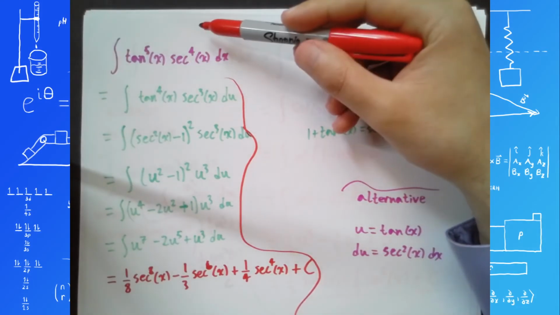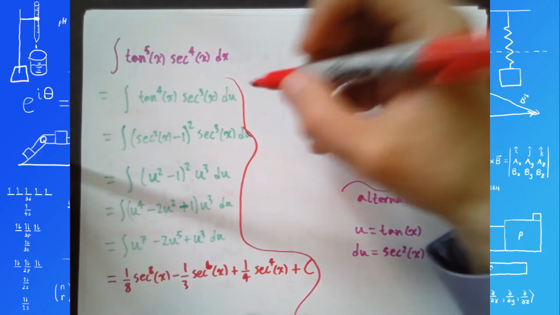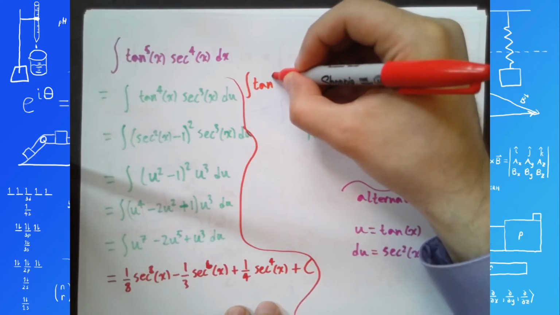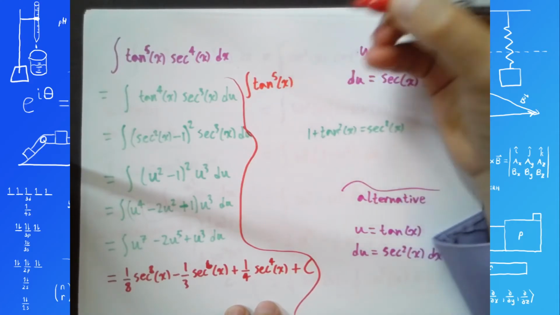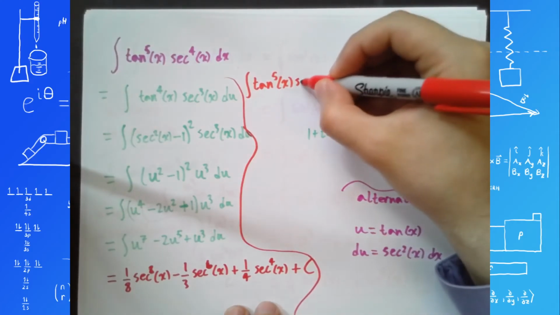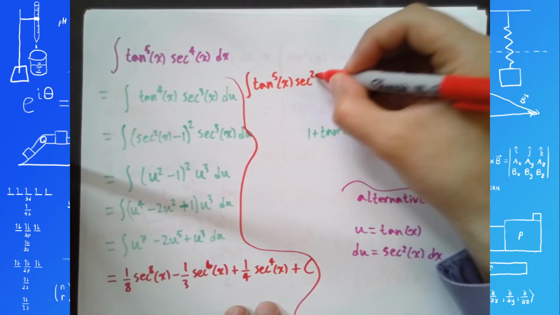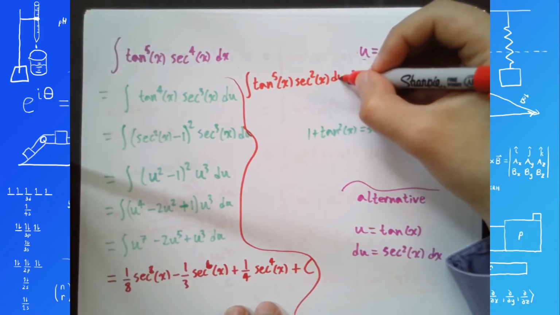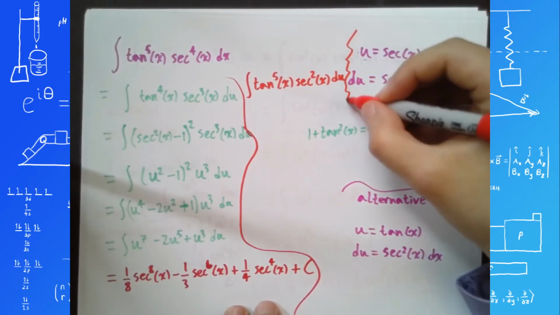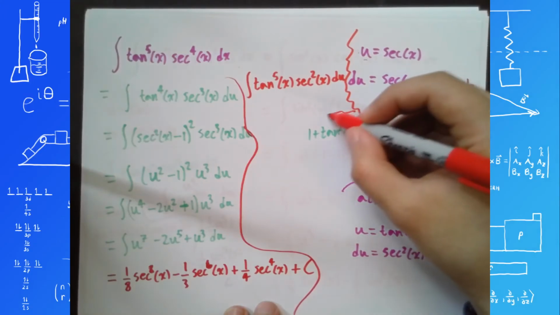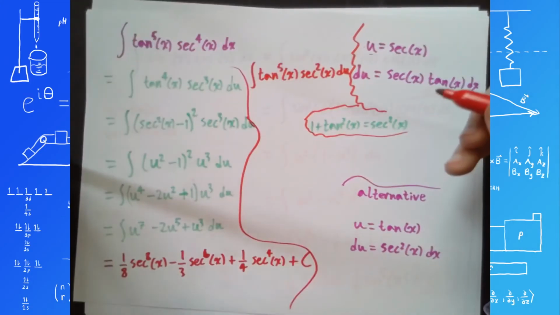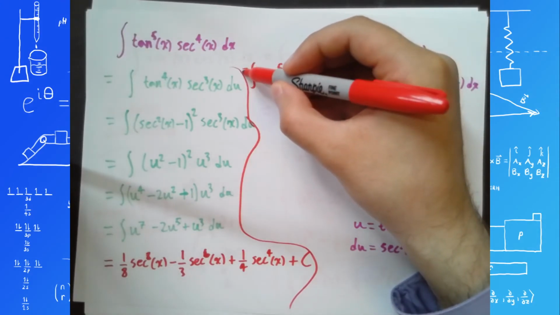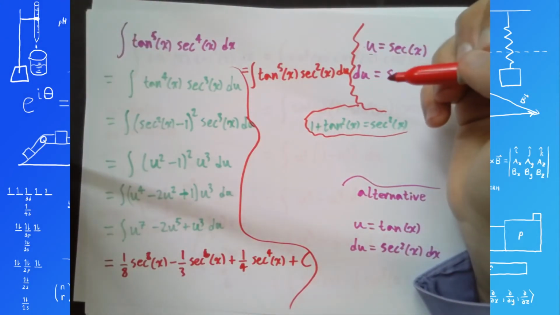So we would take a secant squared out with dx, leaving us with integral of tangent to the fifth of x times, out of secant to the fourth, if we take out a secant squared, we're left with secant squared of x, and now we have a du. And I guess I want to wall that off too. Okay, so that is the first step in our alternative solution.